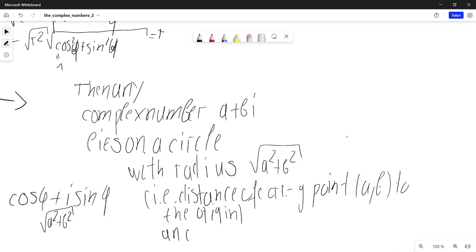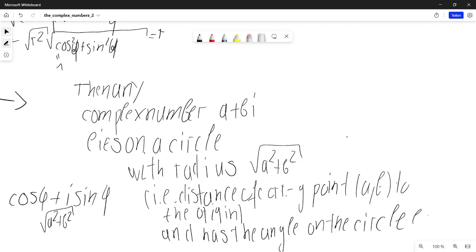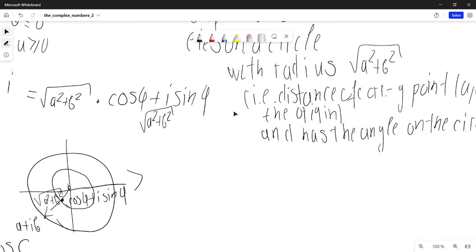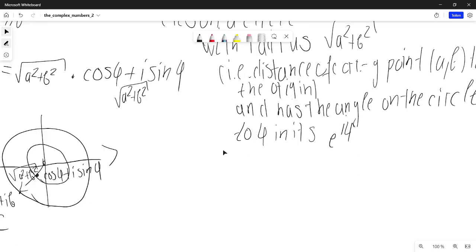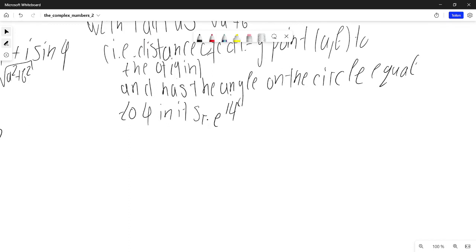And has angle on the circle equal to phi, and it's e to the i phi, and it's r e to the i phi representation.